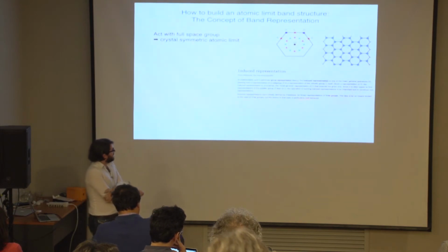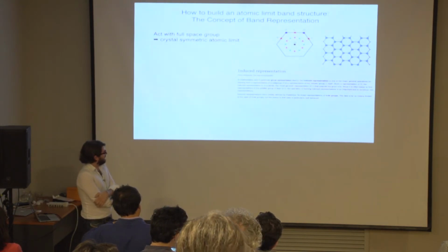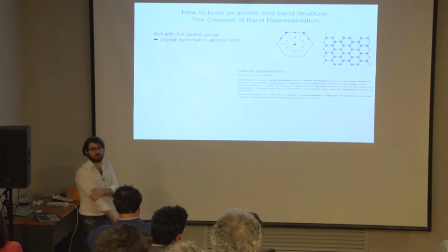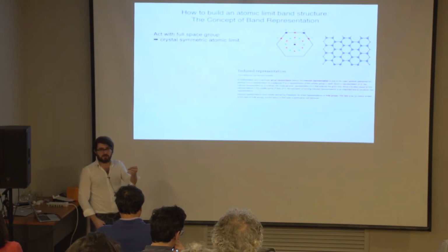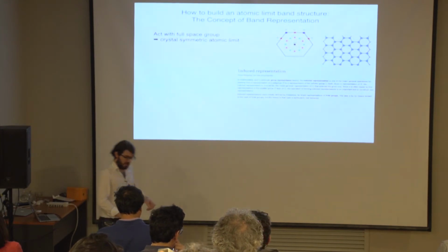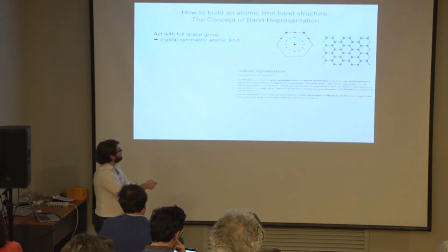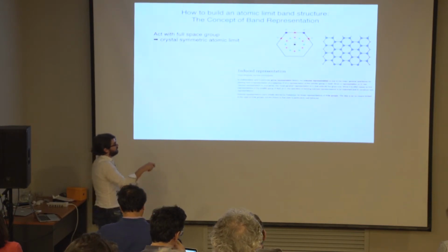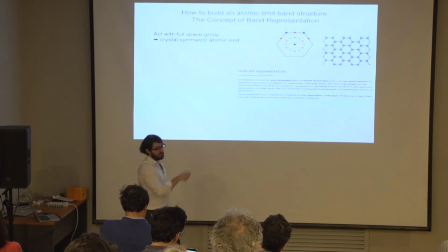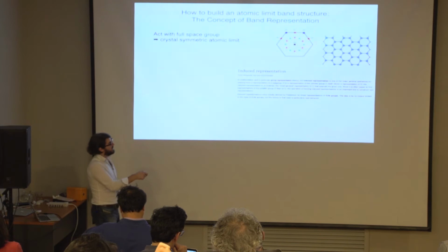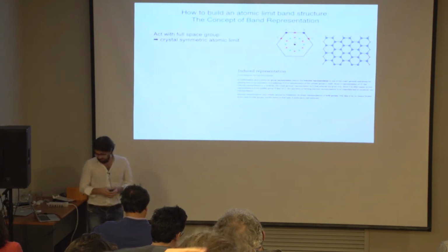So the induced representation is, in mathematics, just a way of obtaining representations of larger groups from representations of smaller groups. But that's, of course, what we're trying to do here. We're trying to obtain a representation of the full space group, which is translations plus the point group, or actions within the unit cell plus the unit cell translated, starting from orbitals or representations of a site symmetry group.